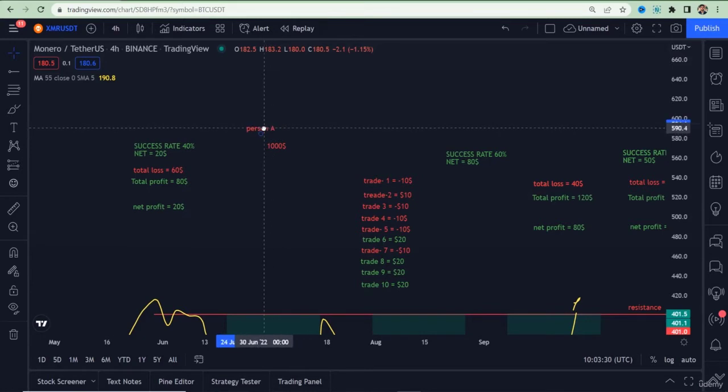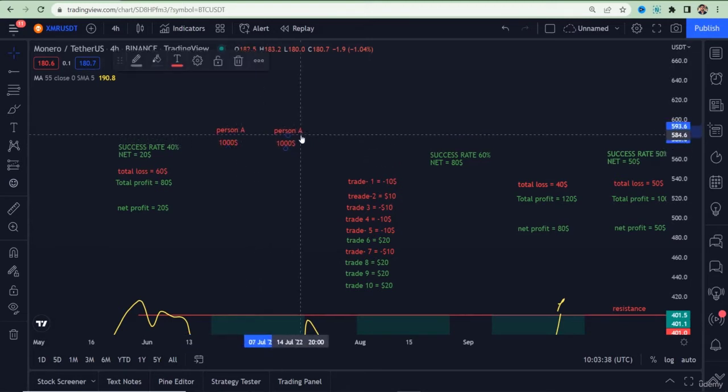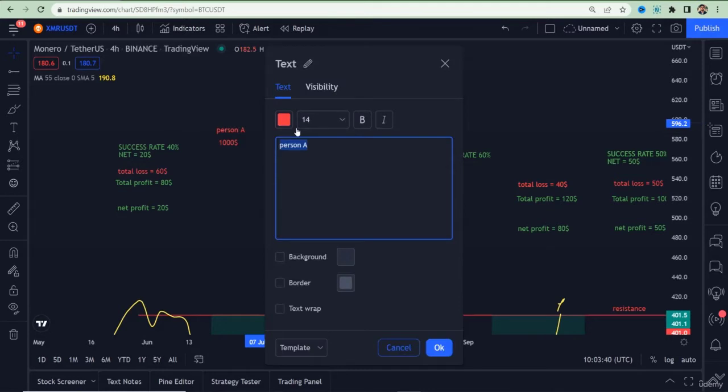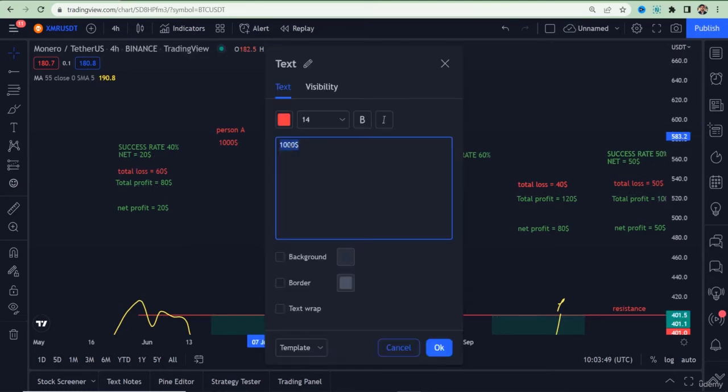Now I'm going to talk about another person. His name is person B. He is a really greedy person and a common man, just like most of us are in the beginning. I want to make him something different, like this guy is the orange guy.